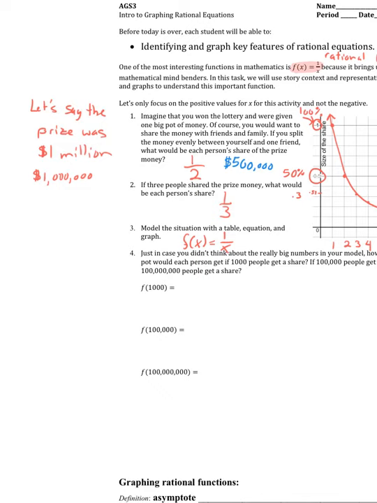So it's saying, hey, I'm splitting this halfway. We each get 500,000. If I split it 3 ways, we each get $333,333.33. And et cetera, et cetera. I split it 4 ways, we each get $250,000. And then what happens if I split it 1,000 ways?